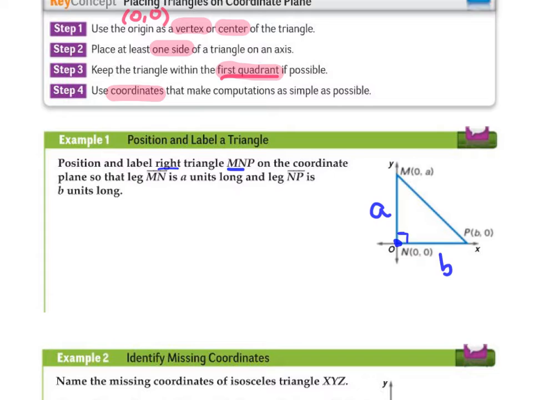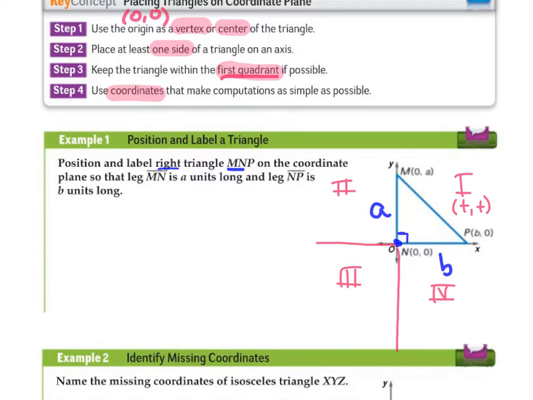Okay, so positioning our triangle in the first quadrant makes our computations be both positive numbers, right? So remember, when we have a coordinate plane, there are technically 4 quadrants. So we have quadrant 1, quadrant 2, quadrant 3, and 4. Remember the coordinates in our first quadrant are positive, positive.